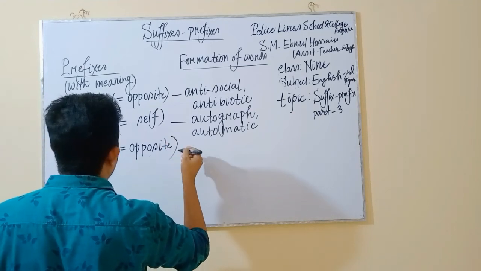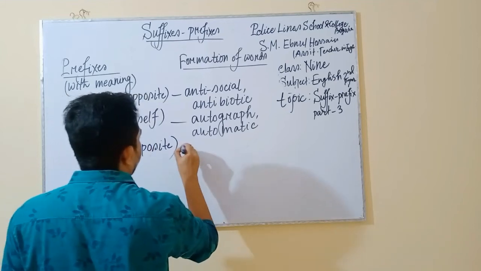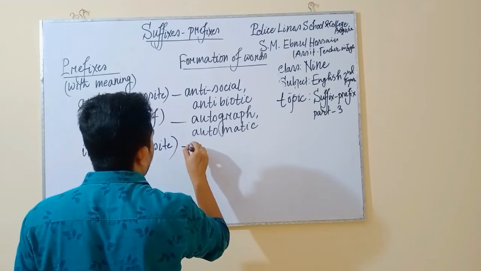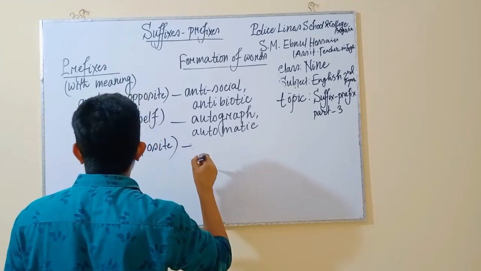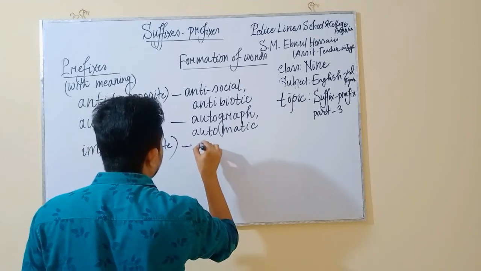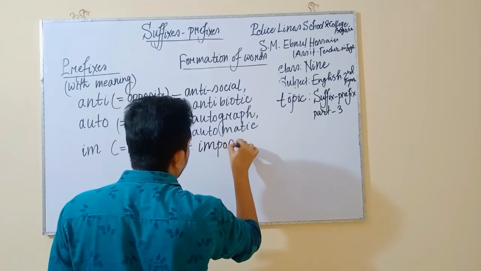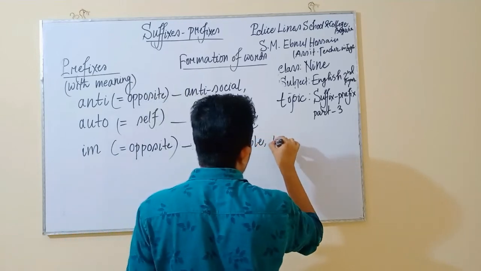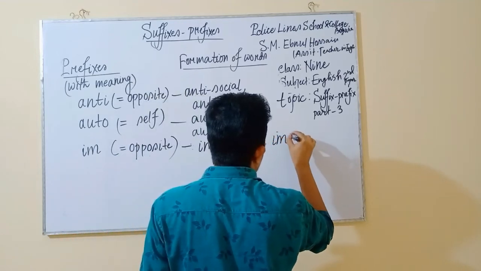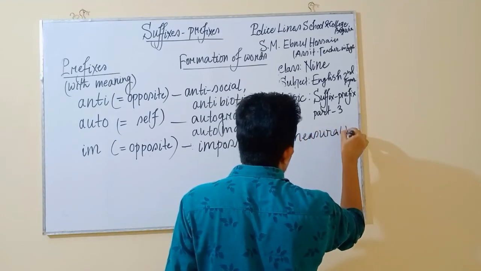The base word is possible, and we can add the prefix IM, that means impossible. Impossible. Immeasurable.